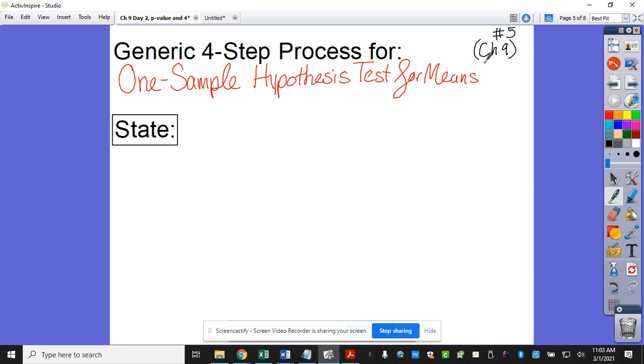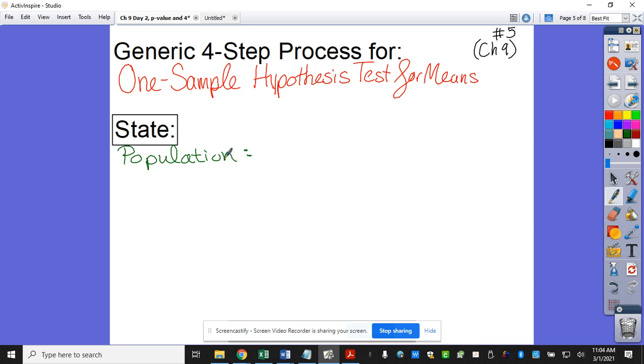In general, we always, to some extent, define some things. What are some things we define? Parameters. What's our parameter we're going to be dealing with? Mu. And then what's the other thing we usually define? Population. And sometimes we even do population and sample.